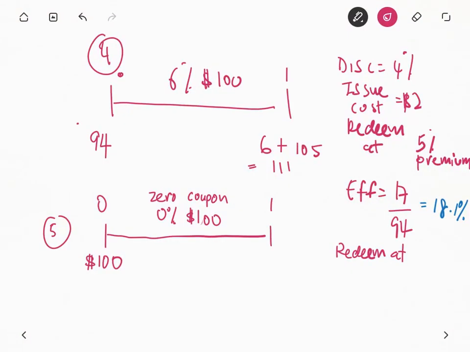So your plus effective minus what? Minus the interest paid, the nominal interest paid. I pay how many percent? Of 100 means I pay 6. So what is my closing balance here? 100. In which 1 year later I'm going to redeem at par, which is $100 minus $100.